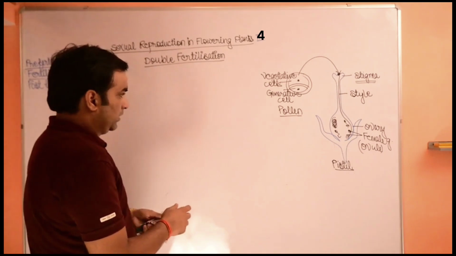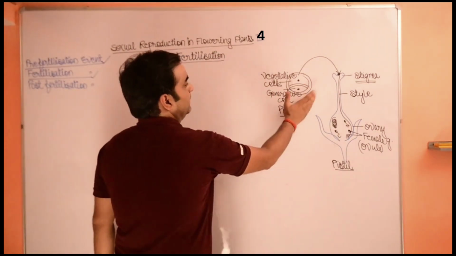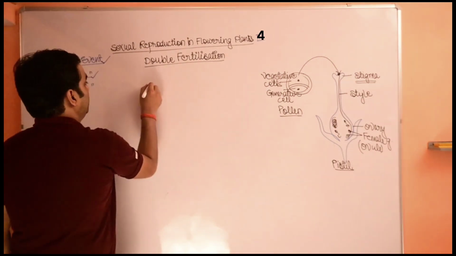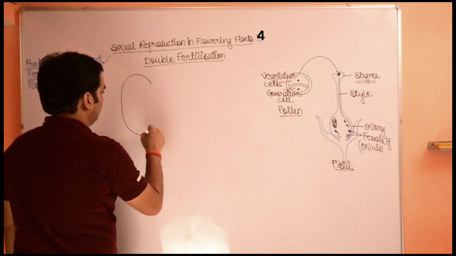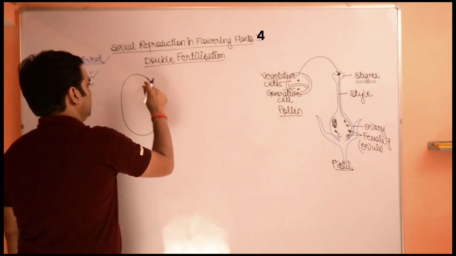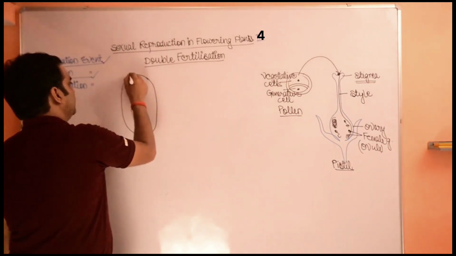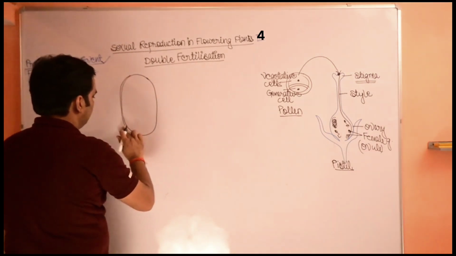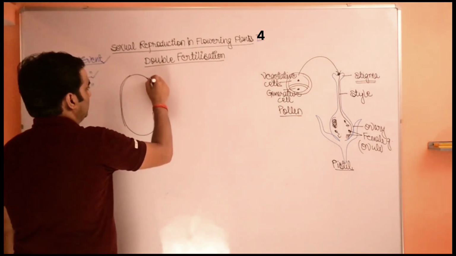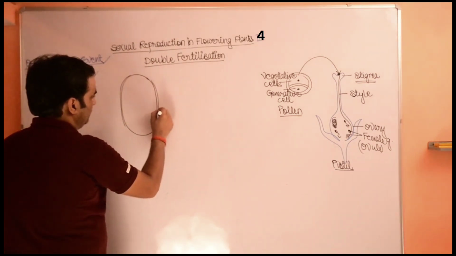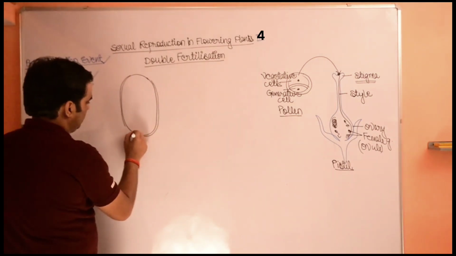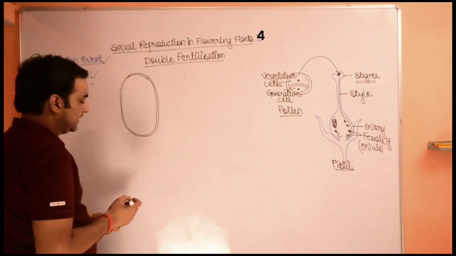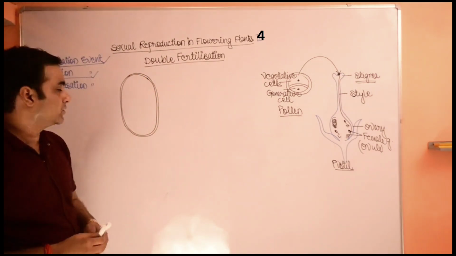So fertilization we have to study, but this double fertilization means a lot for today's topic. So what is the gamete? The male gamete I have made here, and the female gamete we have to make here. Let's draw the diagram of the female gamete. This is a big cell. I hope you understand, the diagram I'm drawing is the embryo sac.